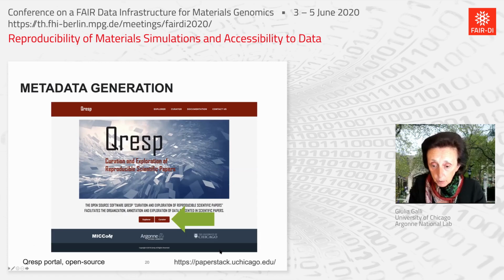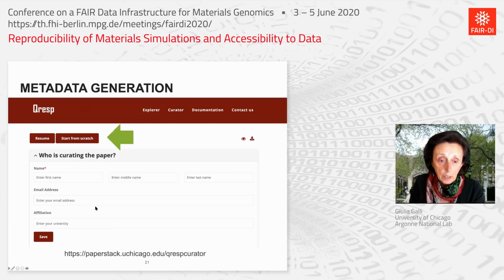And for example, if you go to paperstack.uchicago.edu, where we have our instance of Qresp running, and where we also have organized our paper in Qresp format, and you click here on the curator, you will be taken to a page where the curator asks you questions that facilitate the curation of the paper.